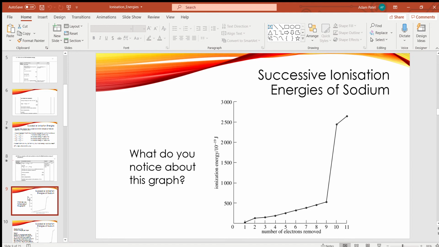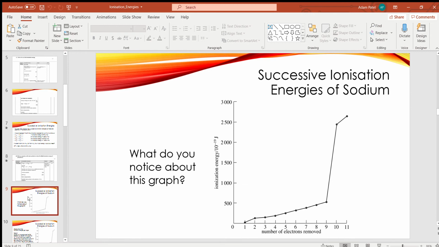So when we're looking at successive ionization energies, we can see some patterns. Usually with successive ionization energies, you can formulate graphs for different elements. So in an exam, they might give you a graph for a particular element. Here they're giving us a graph of sodium. On the x-axis, it shows the number of electrons removed.